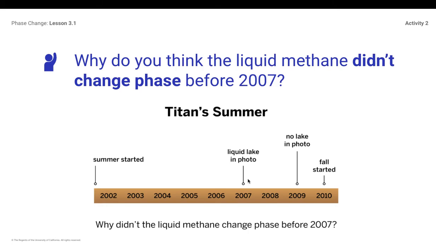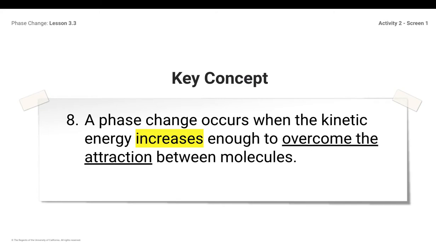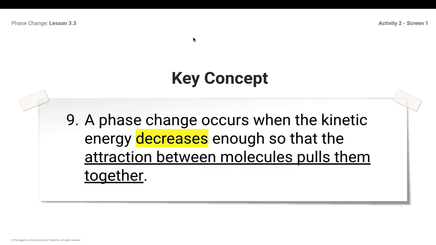So why didn't it change phase before 2007? I'm going to let you pause and think about your answer, and remember, think about your key concepts, because this has the molecular attraction. That's a key phrase you need to include in your answer, okay? Think about it.